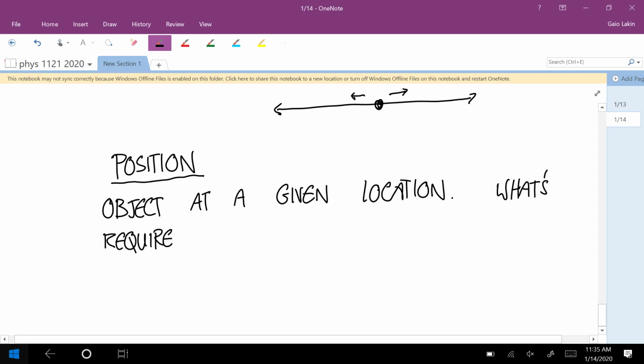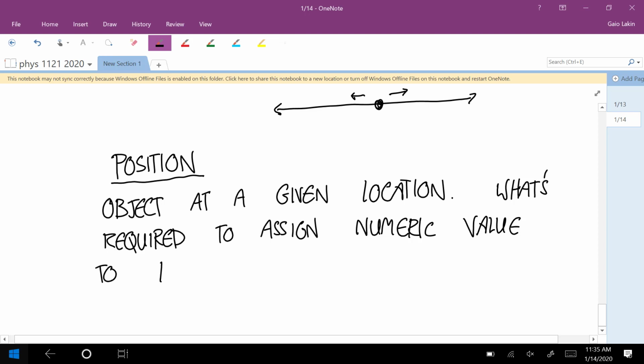What does it take to assign a position value, a numeric value, to this object's location?